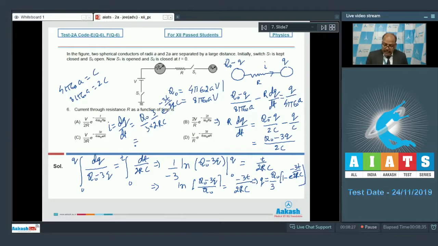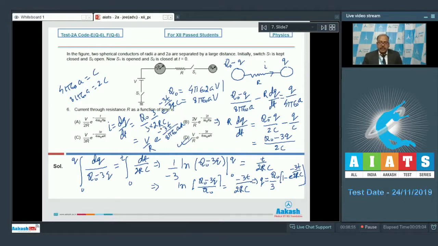If we substitute the values, the current comes out to be equal to V by R e to the power minus 3t by 8 pi epsilon naught a into R, which is matching with option D. So option D is correct.